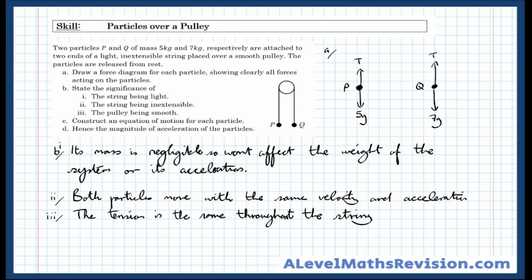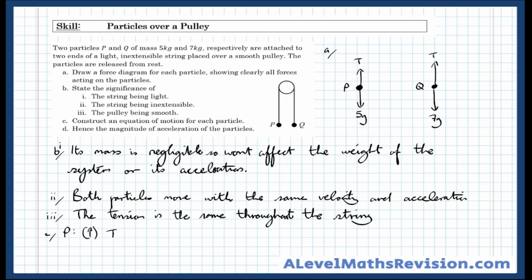Okay, part C. Construct an equation of motion for each of the particles. Well, we can see from our diagram here that Q is the heavier one, so Q is going to be moving down, whereas P is going to be moving up because it's the lighter particle. So let's start with P. So if P is moving up, then I'm going to consider up to be the positive direction.